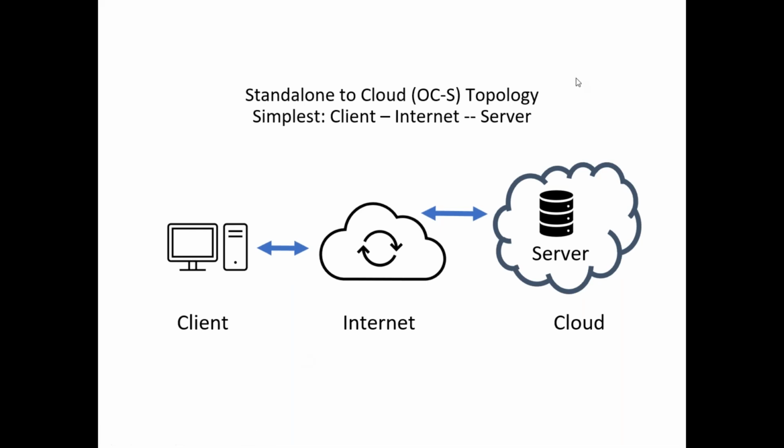So let's talk about the simplest configuration. So what we have is our client. He's outside the cloud, and he's connecting directly to the internet. We used one of our small hosting services, which connects directly. We used that. And then we put one of our servers inside the cloud.